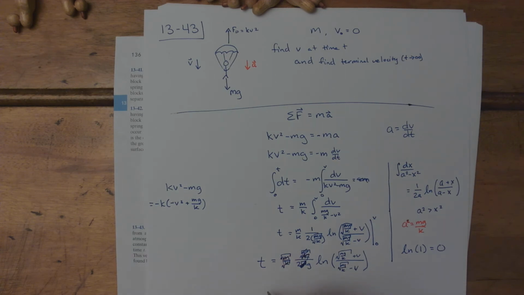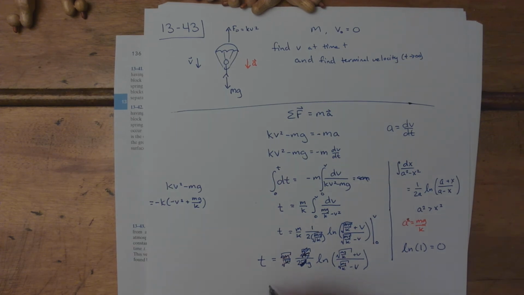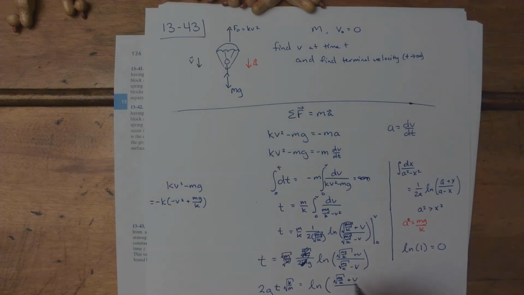Okay, so now bringing what's left over to the other side, I have 2gt, and then the square root of k would be in the numerator, the square root of m would be in the denominator. This is equal to the natural log of the square root of mg over k plus v divided by the square root of mg over k minus v.